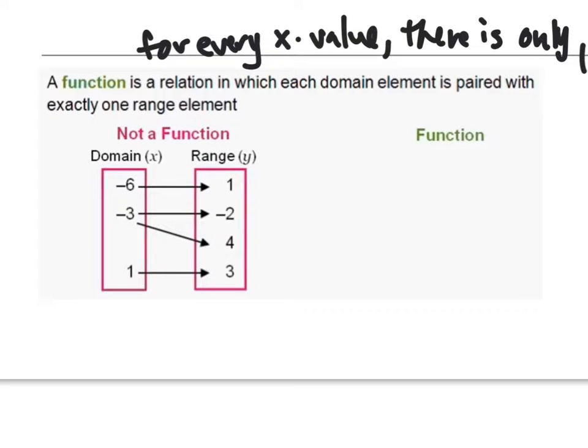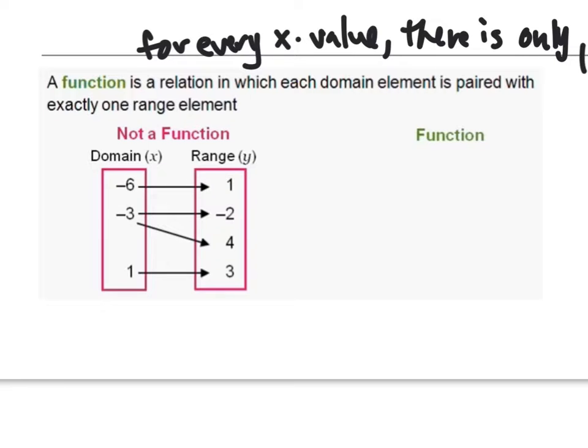Okay? So here's what I would do. This shows us something that's not a function. And this is called a function map. All right? Where basically these are your x values and this is your y value. Okay? So if I were to take this, doesn't really make any sense to you. You probably haven't seen this in a long time.